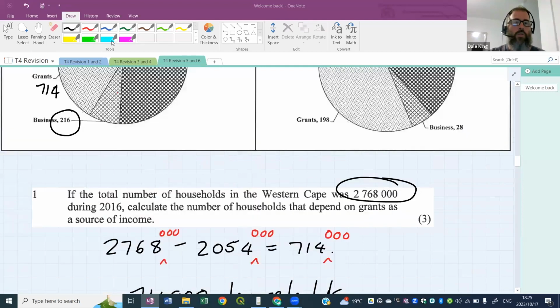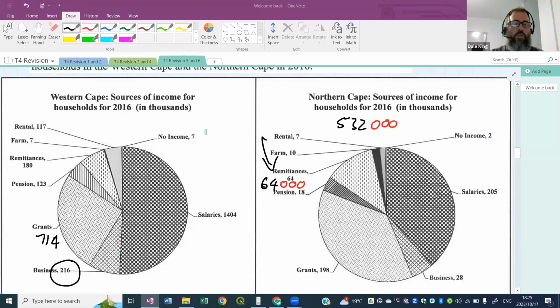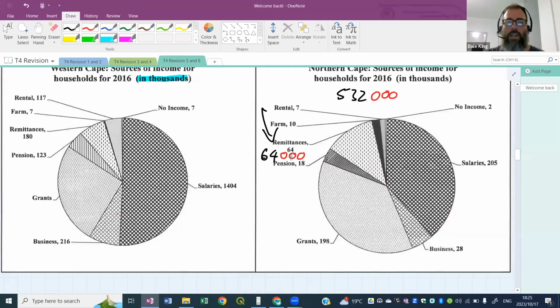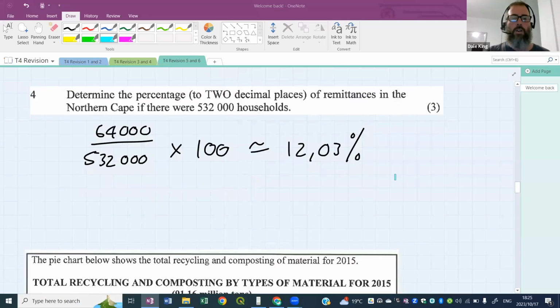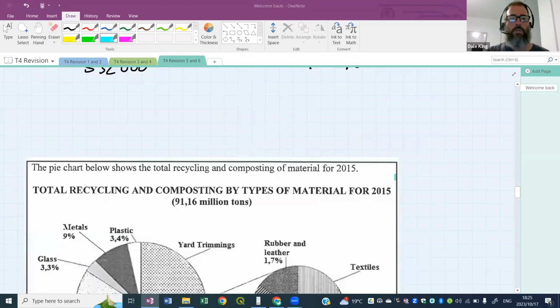It's so important to see that all the values you see here are in thousands. If you leave off the thousands, you could get it wrong. So please make sure that you change all the values to thousands. Yes, Tanda, I've got my 2 decimals. Yep, 2 decimal 12,03.